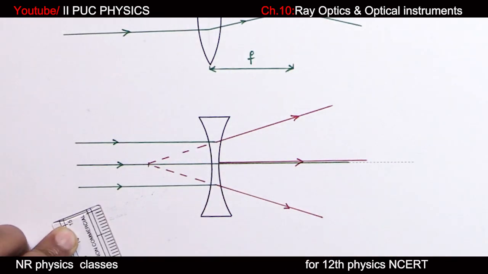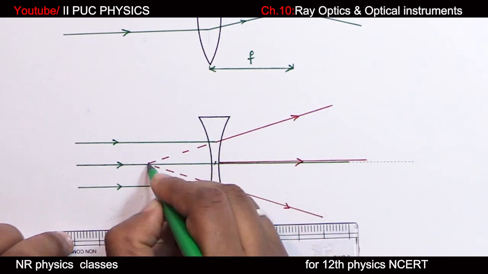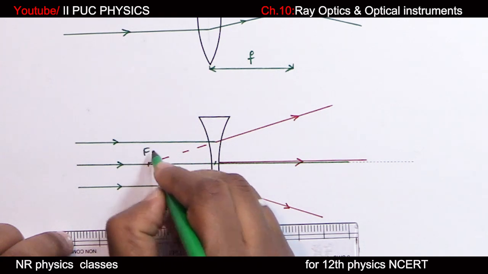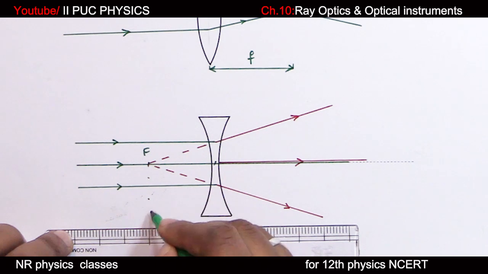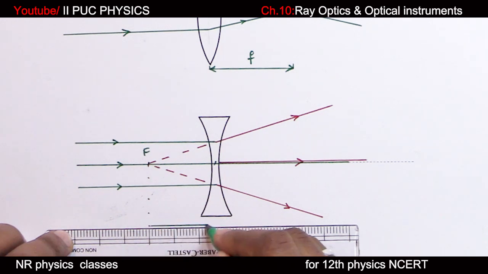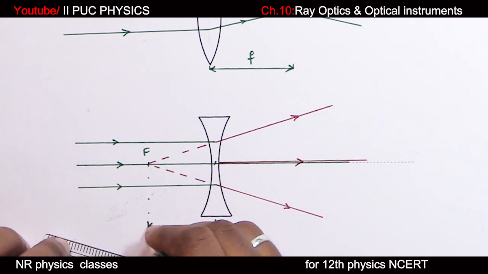So this is the optic center, this is the focus F. So the distance of the focus from the principal section, that is this, is the focal length.